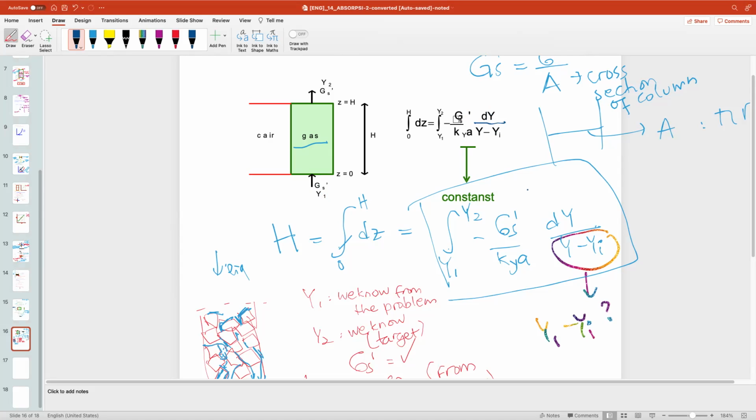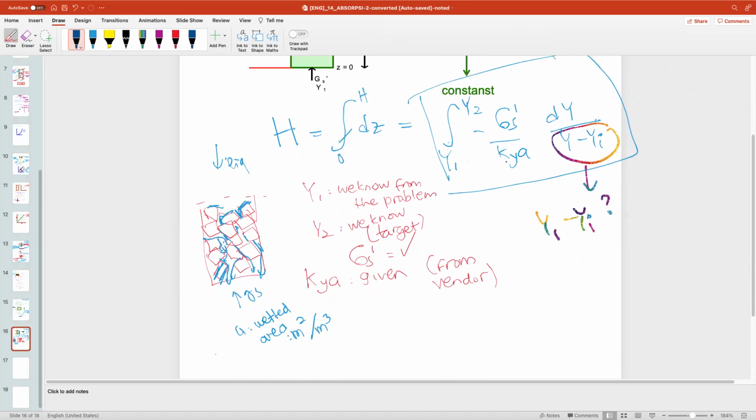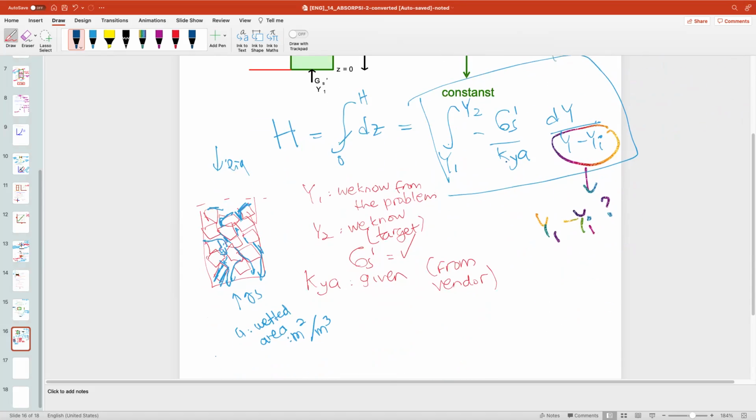Again, just to remember from last week, we know Y1, the composition or the mole ratio of the gas at the input, from the problem, because usually the problem will state the composition of the gas that would be treated.